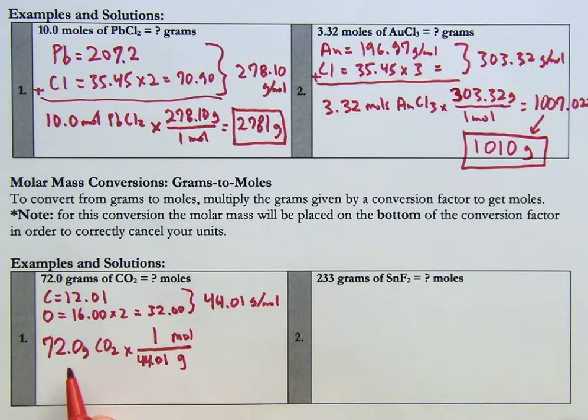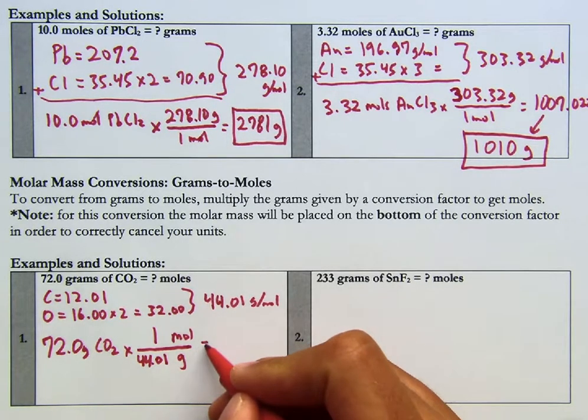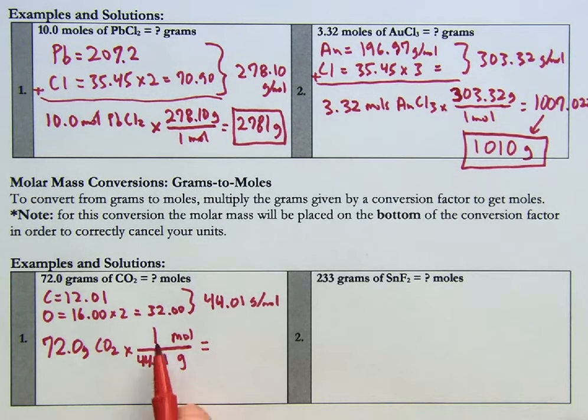Now notice, units of grams will cancel, and we'll end up with our units in moles. And hopefully this makes sense. If 1 mole is 44 grams, you're figuring out how many times does that 44 go into 72. It'll go in once, but it's not going to go in twice. So it's going to be 1 point something, right? Probably more than 1.5, but less than 2.